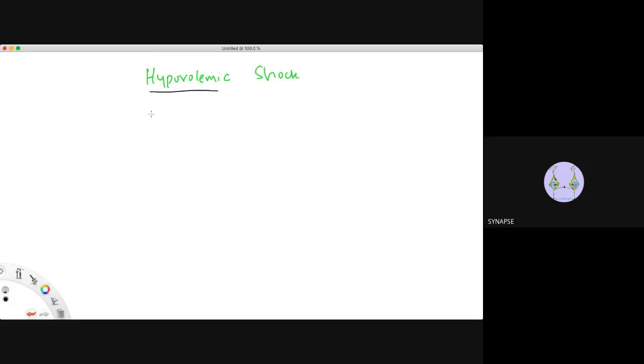So it could either be blood loss, or plasma loss, or loss of water and fluids. Blood loss could be because of, let's say, trauma. A polytrauma patient met with a bad accident, lots of blood loss, or it could be even a surgery. So there is blood loss which will result in hypovolemia.